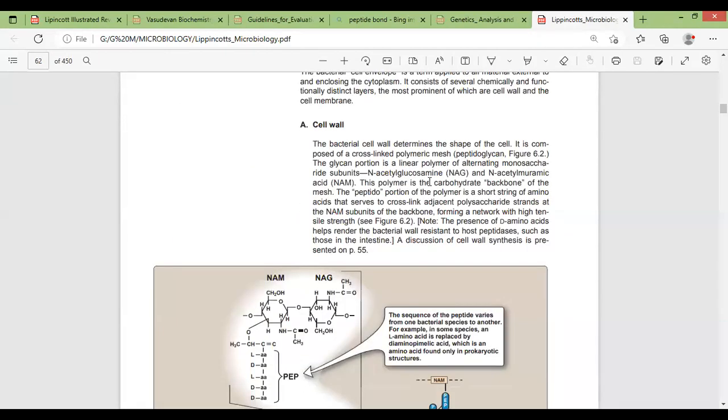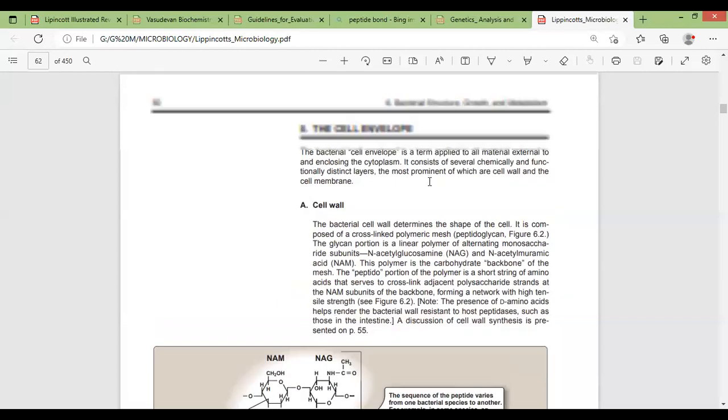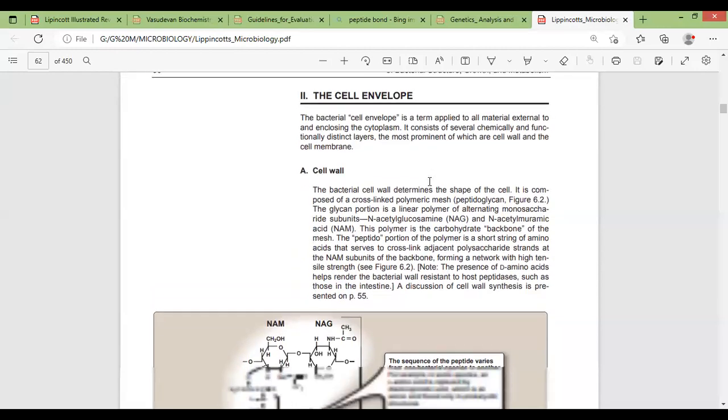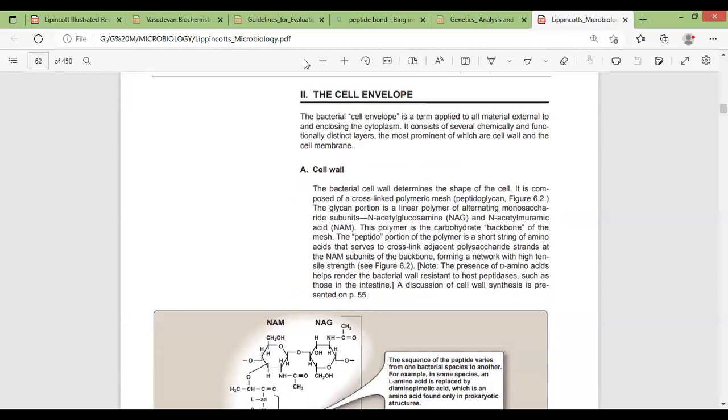Then the cell wall. Looking at the cell wall specifically, we'll also look at this when we're talking about mechanism of action of penicillins and such things. But because we said we will combine microbiology and pharmacology and clinical pharmacy, which is impossible to do in 1 week, I'll be mentioning just the highlights.